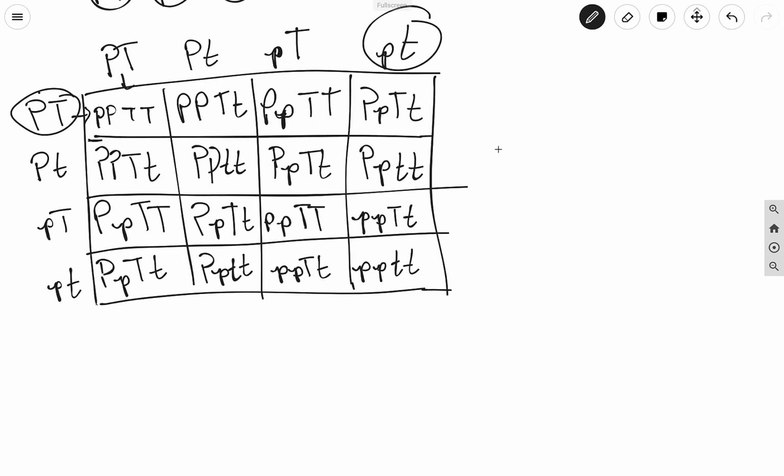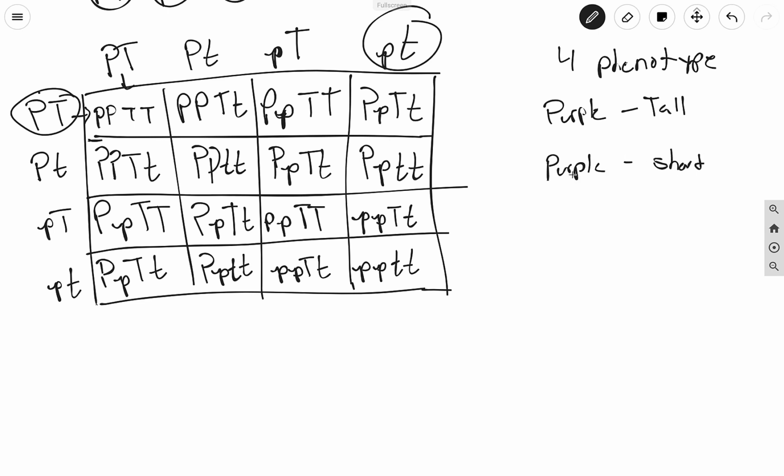When we describe these offspring, there are many different genotypes. We don't usually talk about the genotype ratio of a dihybrid cross. However, there are 4 possible phenotypes. A plant can be purple and tall. Those are the two dominant traits. A plant can be purple and short, so purple being dominant, short being recessive.